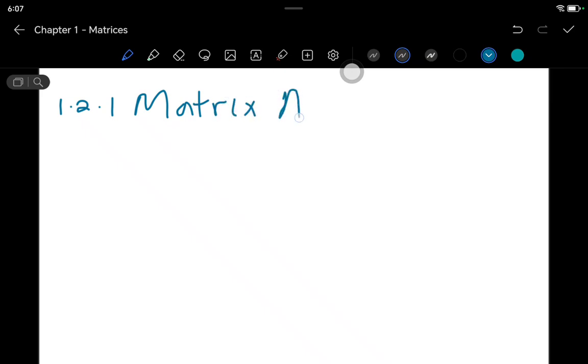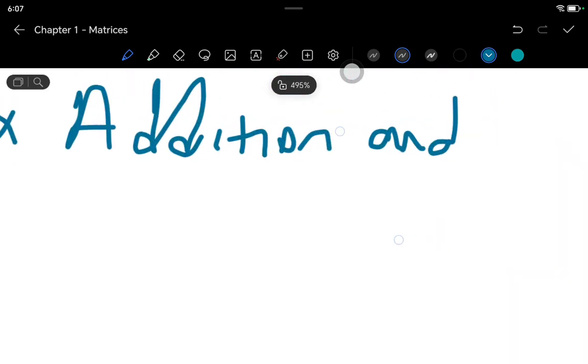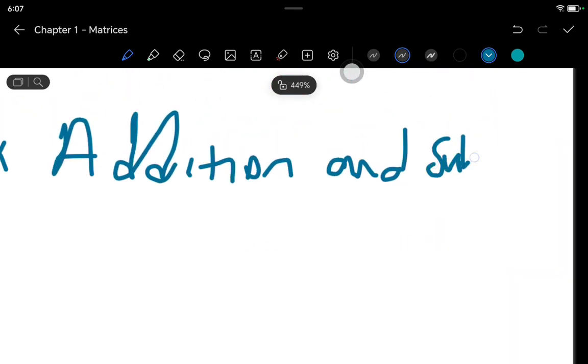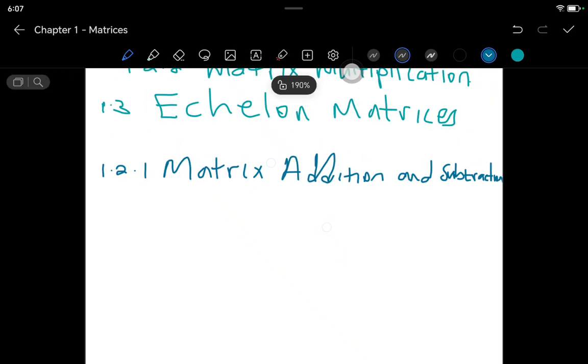So the first thing that we can think of is matrix addition and subtraction.